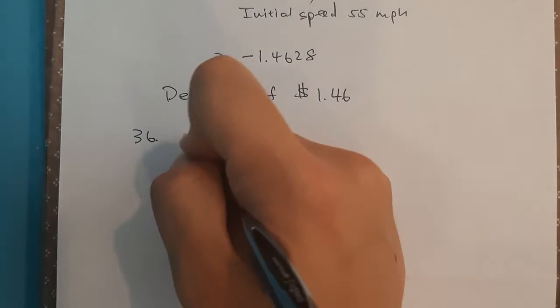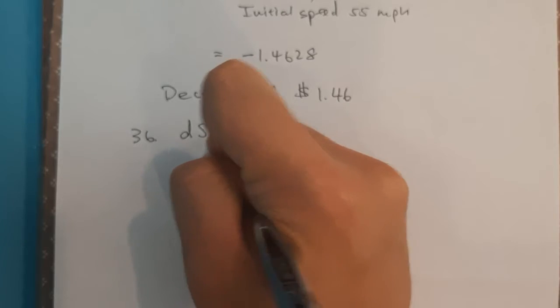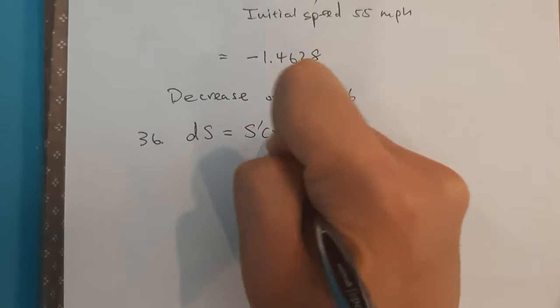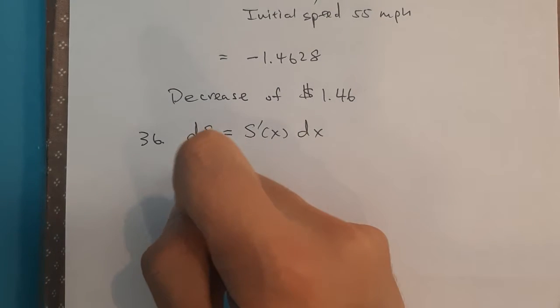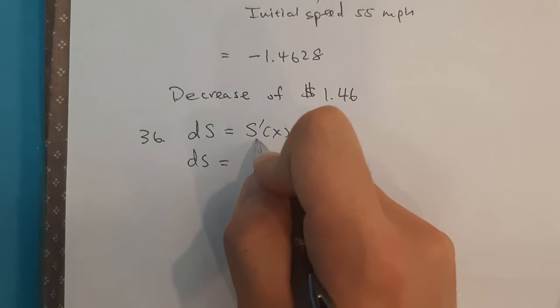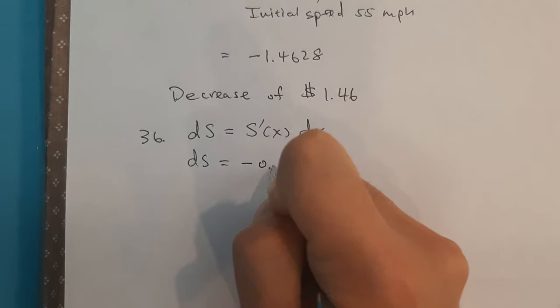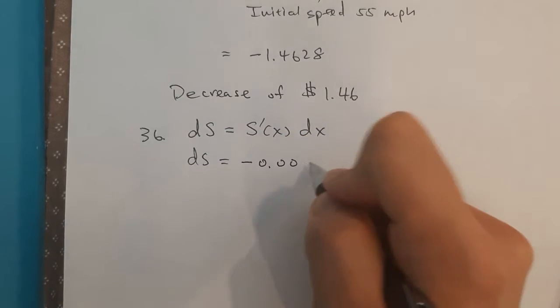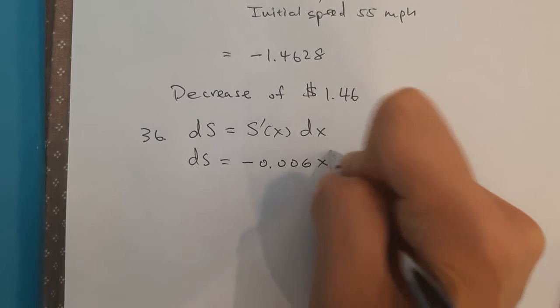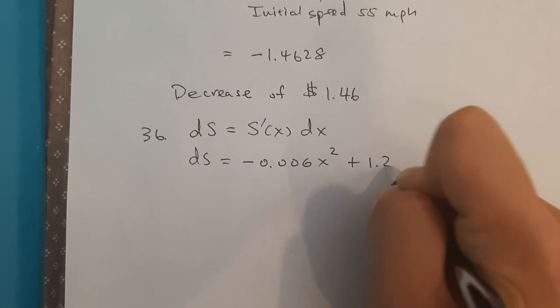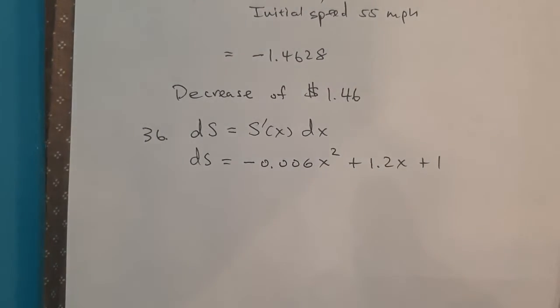So here we're going to use differentials. ds = s'(x) dx. Here we have ds, and then the derivative, that's going to be -0.006x^2 + 1.2x + 1.